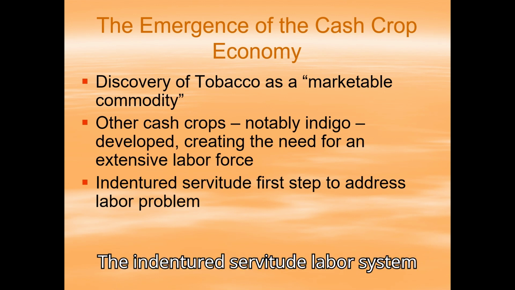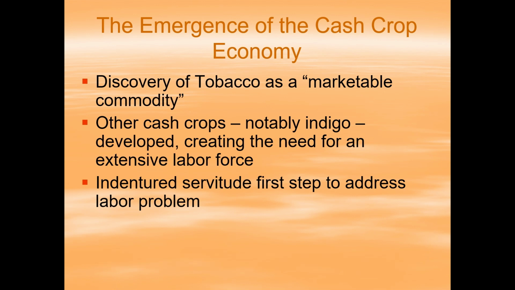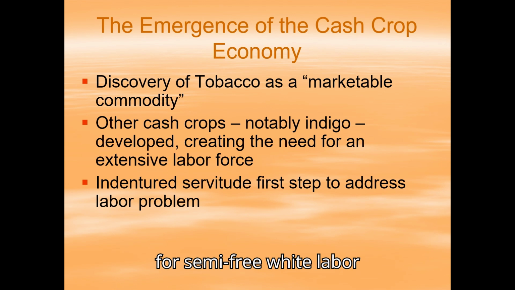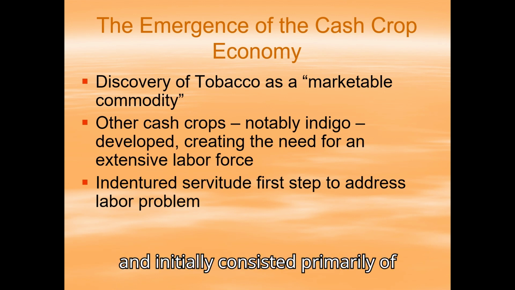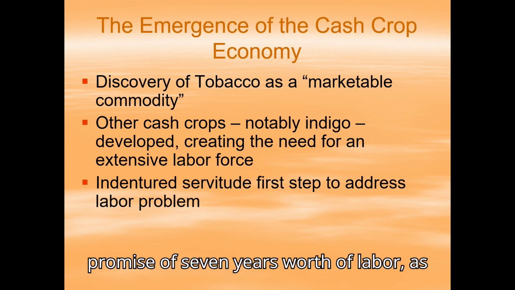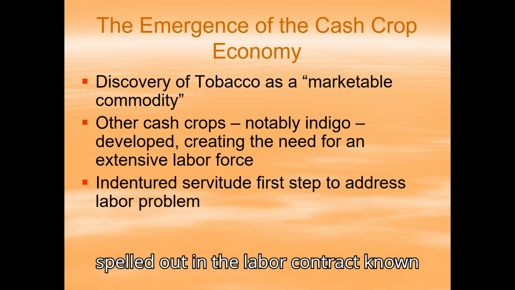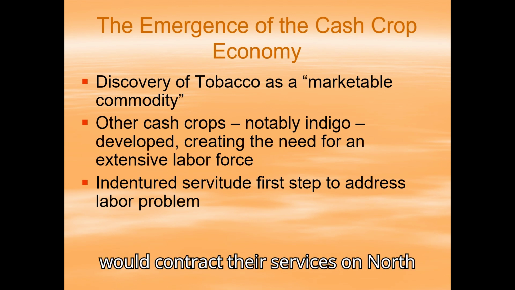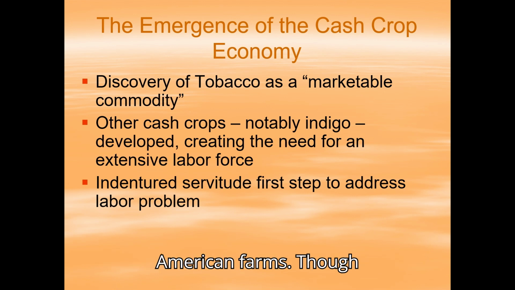The indentured servitude labor system reflected the early colonist preference for semi-free white labor and initially consisted primarily of Irish workers. In exchange for passage to America and a promise of 7 years' worth of labor as spelled out in the labor contract known as an indenture, servants would contract their services on North American farms.